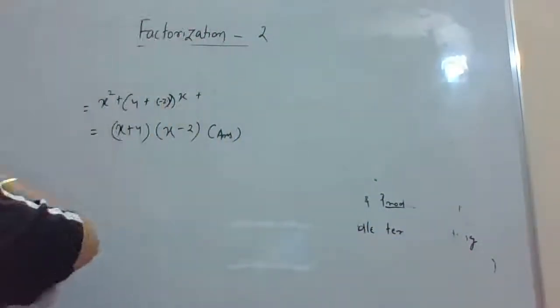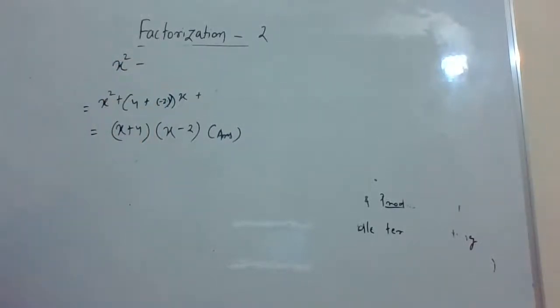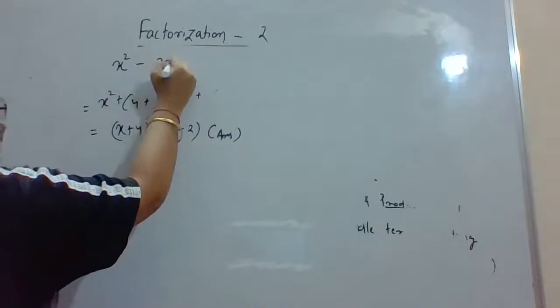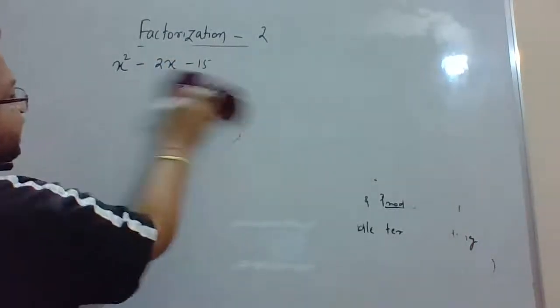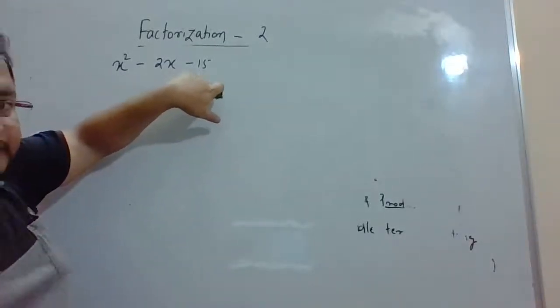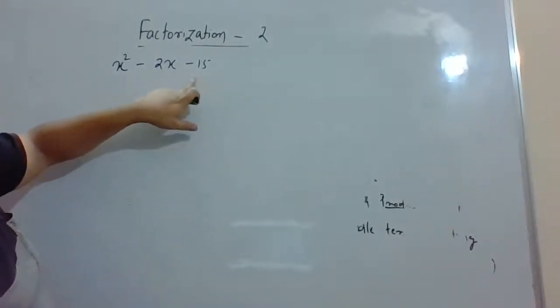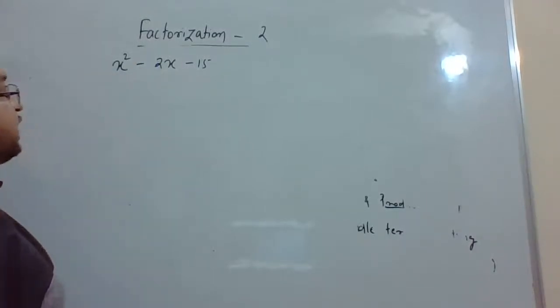The next one is x squared minus 2x minus 15. Again, if the last term or the product term is minus, obviously at least one of the terms must be minus.